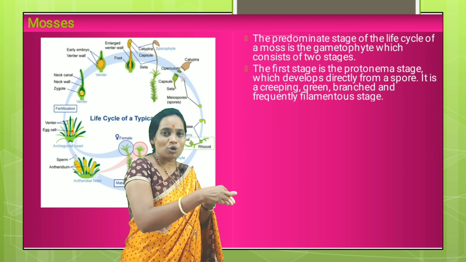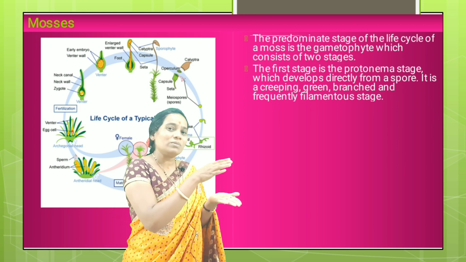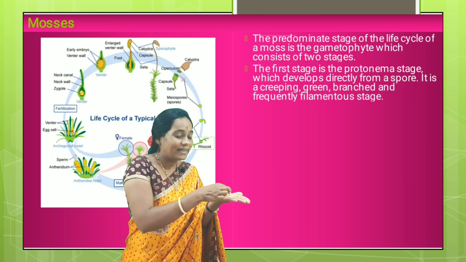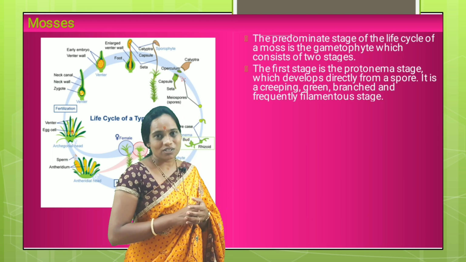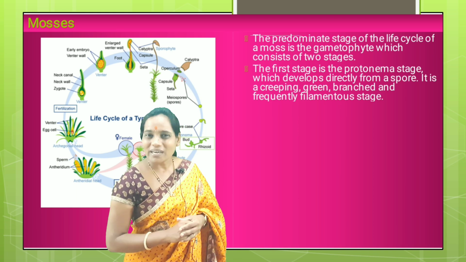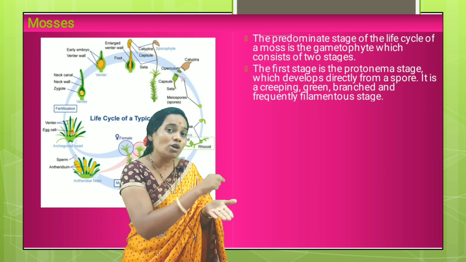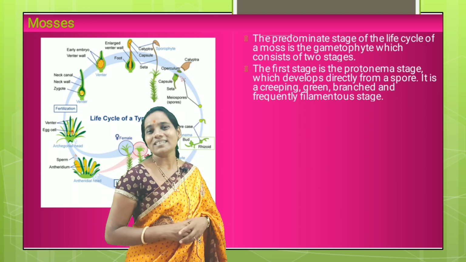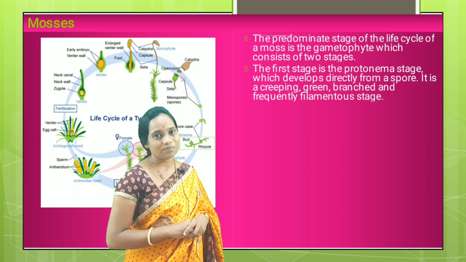On the protonema, small lateral buds are produced, and from those buds the second stage will develop.